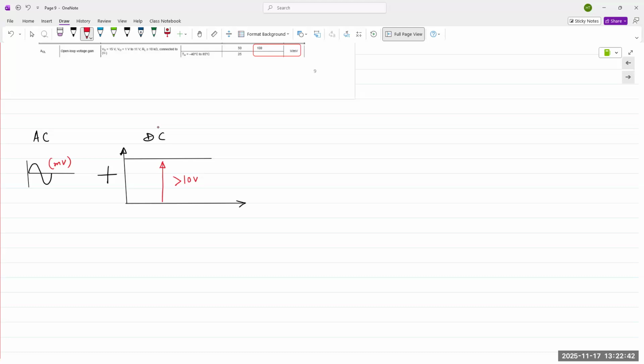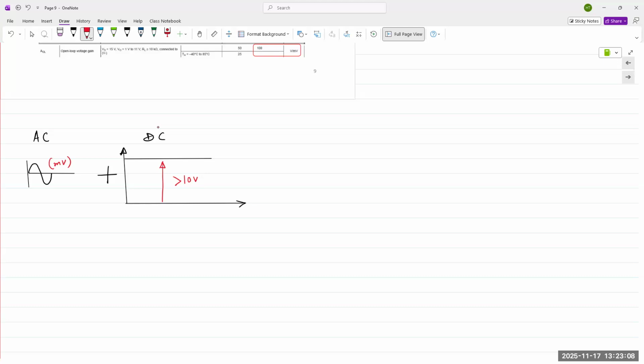How about if we give 10 volts at the input? 1,000 volts. But do we really expect to obtain 1,000 volts from an op amp circuit? The energy does not come from thin air. The energy must come from somewhere. So the energy to amplify any quantity, whether it's voltage or current or power, comes from a DC source.